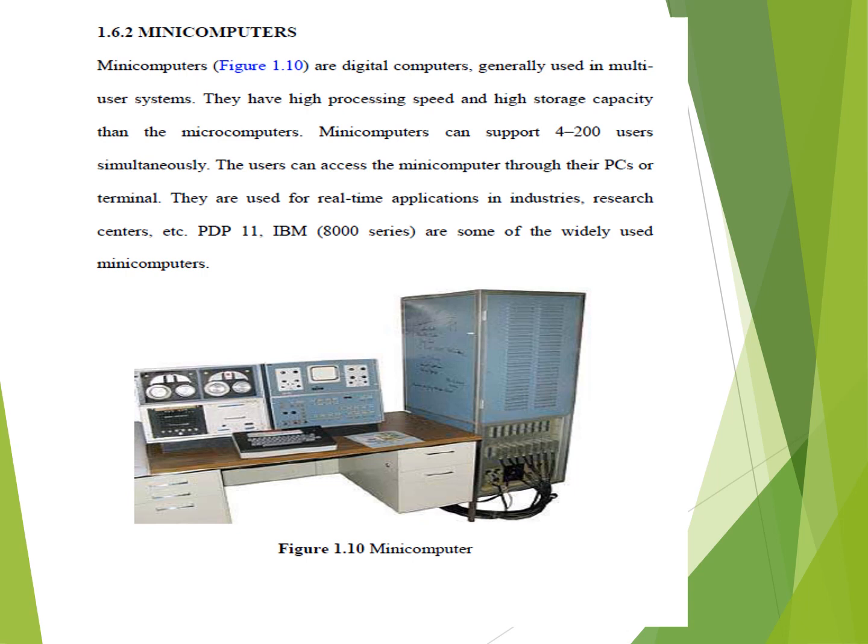The users can access the minicomputer through their PCs or terminals. They are used for real-time applications in industries and research centers. DEC PDP and IBM Series 8000 are some of the widely used minicomputers.